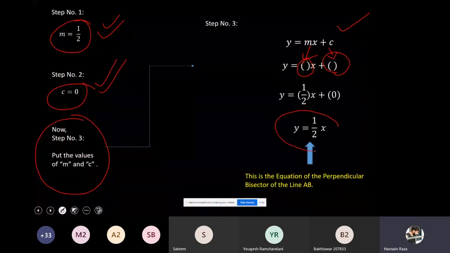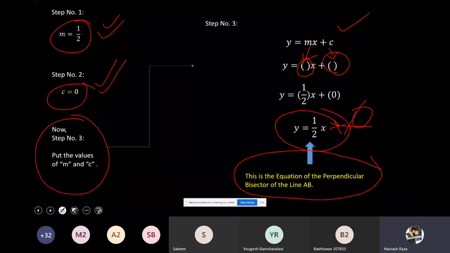So the equation, जब हमने इसको सॉल्व किया, प्लस 0 इज नथिंग, प्लस 0 हमें नहीं लिखना चाहिए, तो दैट्स व्हाई हमने क्या किया, y equals to 1/2 times x is actually the equation of the perpendicular bisector of the line AB. ये AB की इक्वेशन नहीं है, perpendicular bisector of line AB की इक्वेशन है.